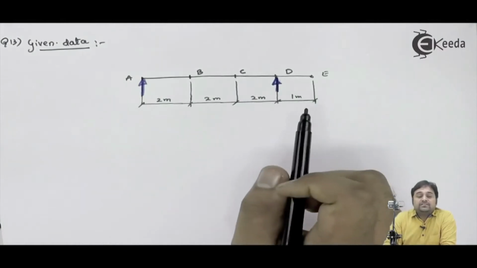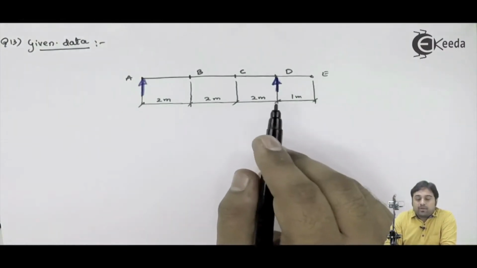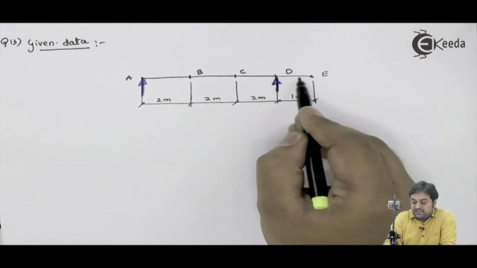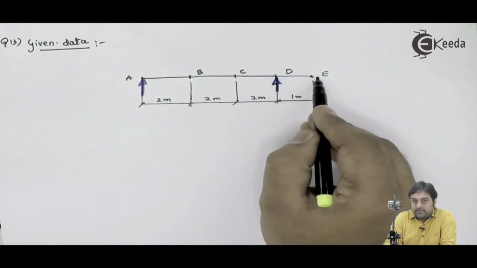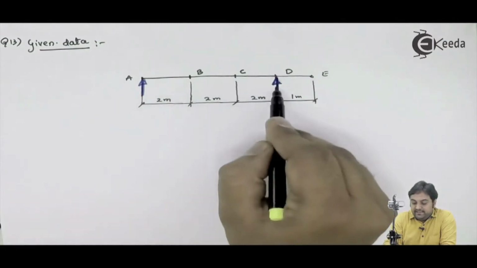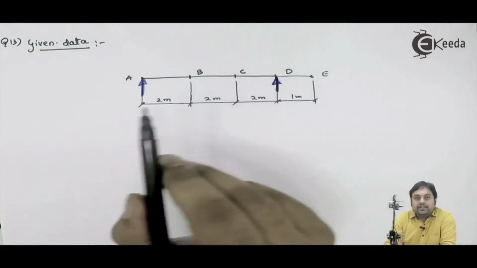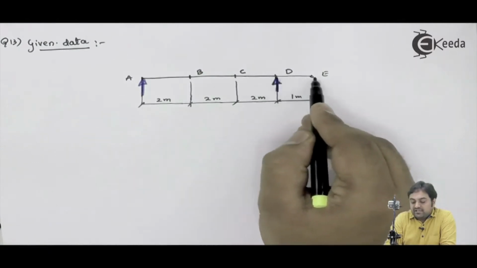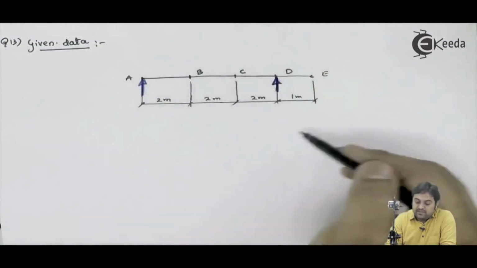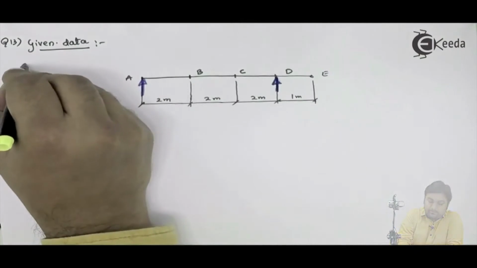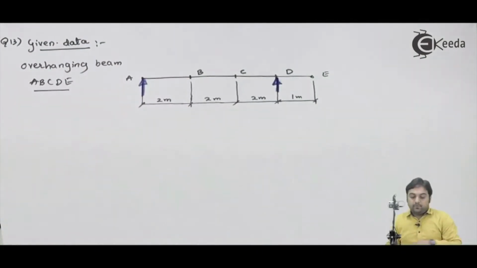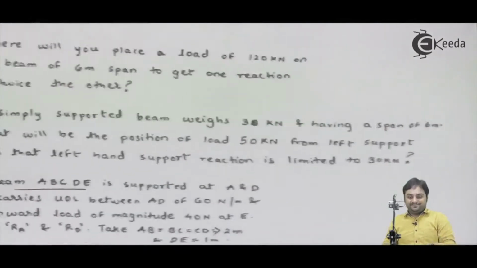This would be called an overhanging beam because some portion of the beam is extending ahead of the support. A and D are not the extreme supports. Apart from that, you have DE, which is the extended portion. So it is overhanging beam ABCDE.